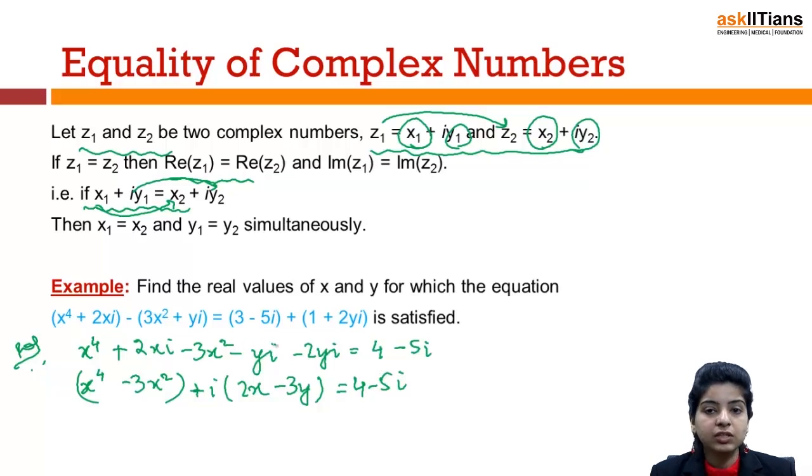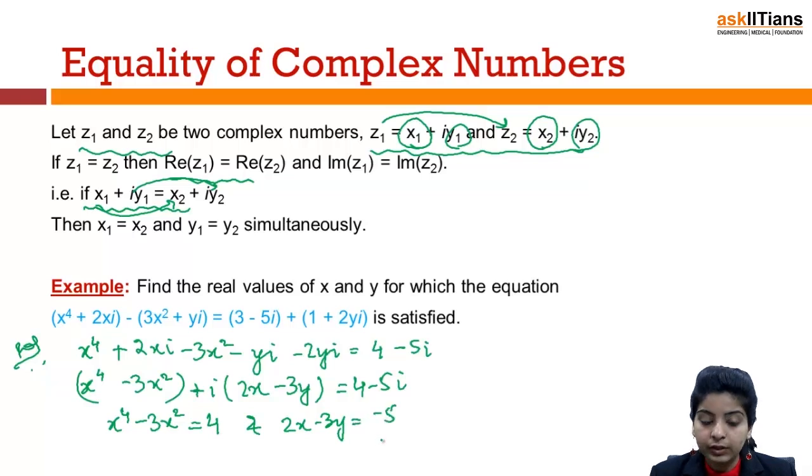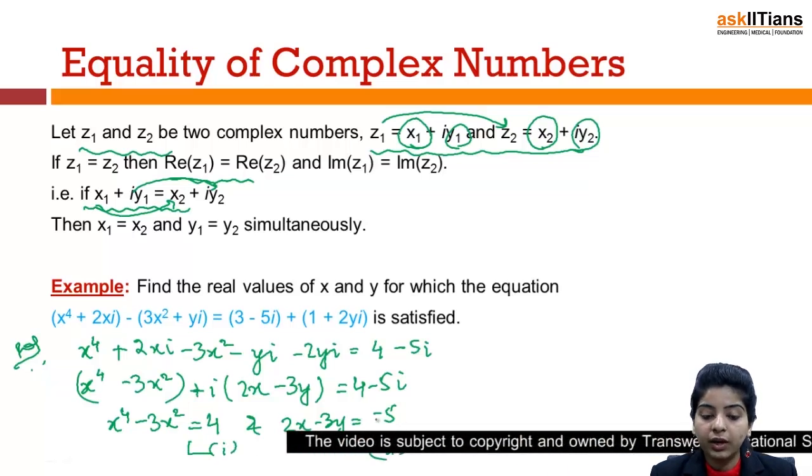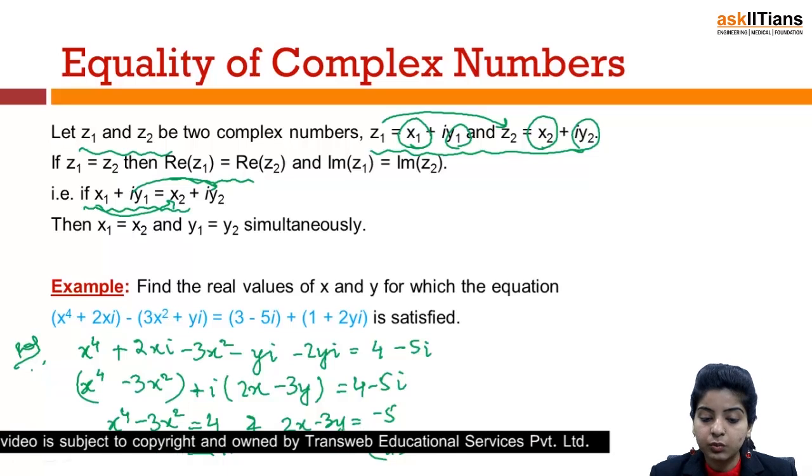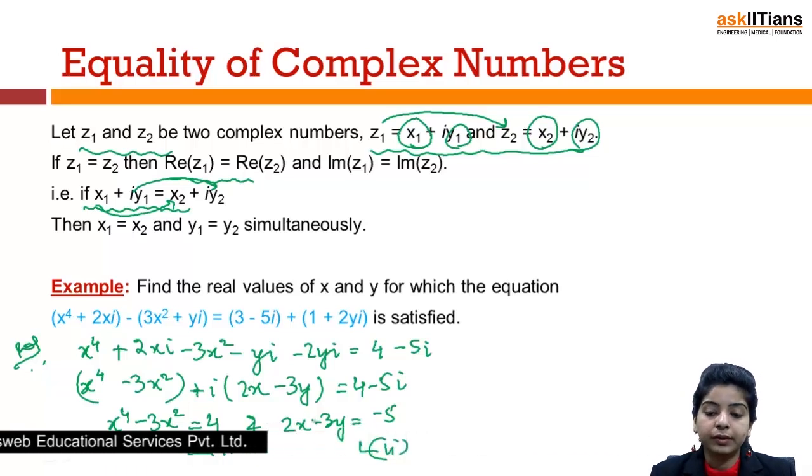Now, as we have just discussed about equality of complex numbers, these two complex numbers are equal, that would mean their real parts are equal, that is x^4 minus 3x^2 would be equal to 4, and simultaneously 2x minus 3y would be equal to minus 5, because real part would be equal to real part and imaginary part would be equal to imaginary part. So these are the two equations, let's term them as 1 and 2. We'll just try to solve these equations to find the values of x and y.